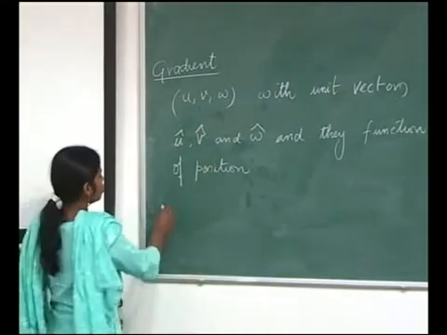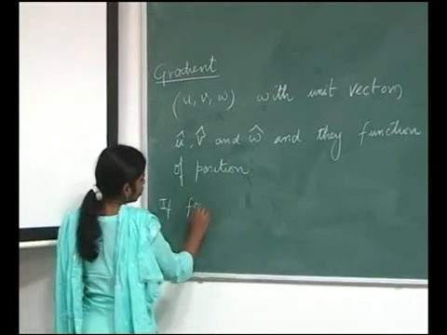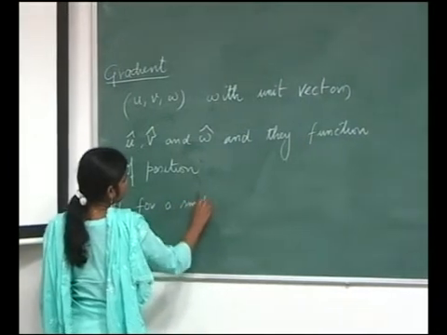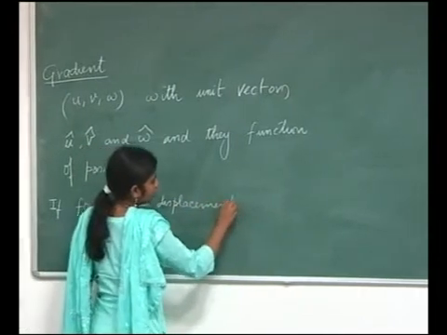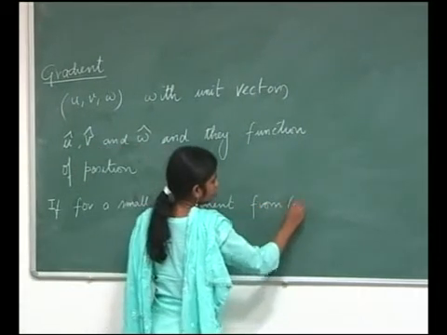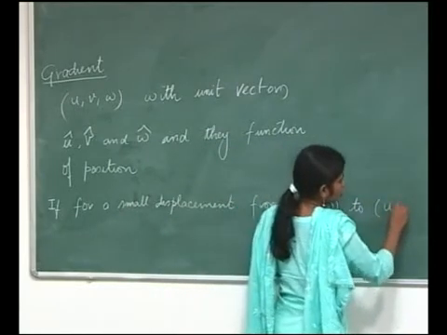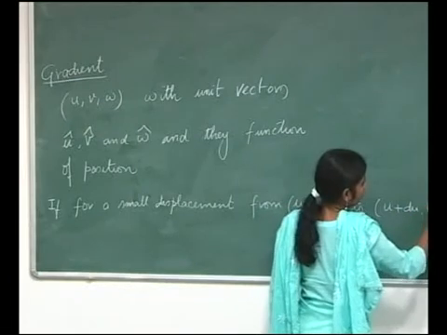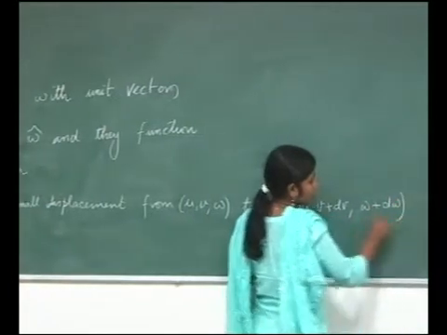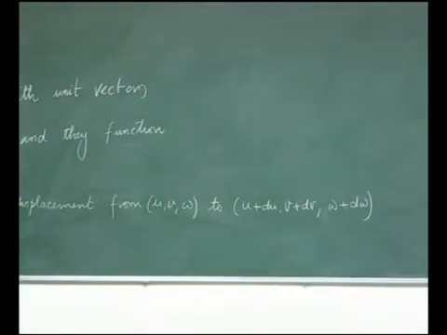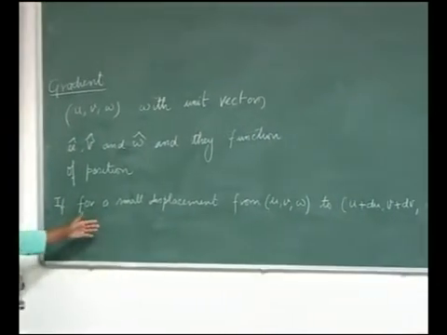That is, for a small displacement from UVW to u plus du, v plus dv and w plus dw, I can write the displacement vector dl.